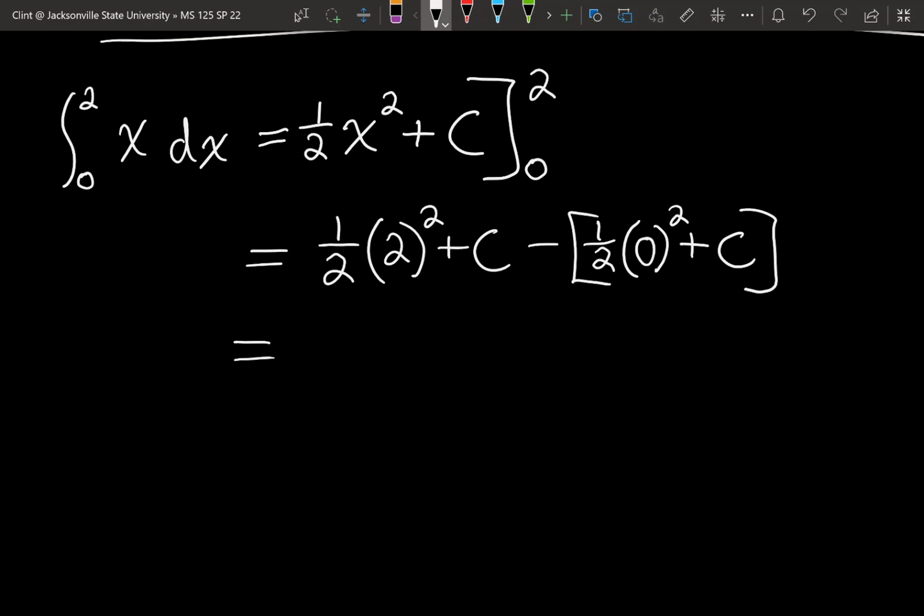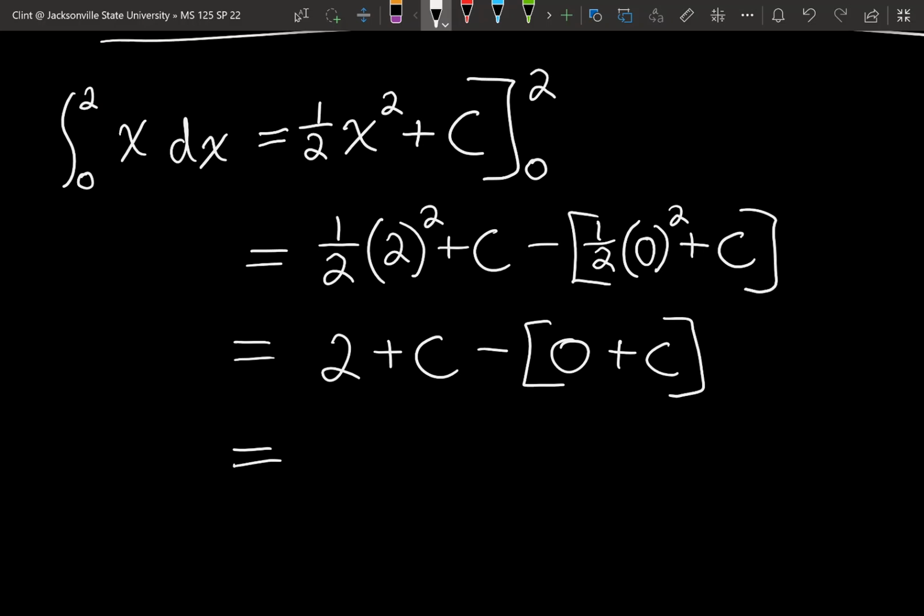That one's a half of 4, so that's 2 plus c, and then minus a half of 0, plus c, and then what's going to happen? It's going to cancel. So doing definite integrals, the constant of integration would cancel every single time, because you always got a plus c, and then minus, on this one you would have a plus c, so they're always going to cancel out.